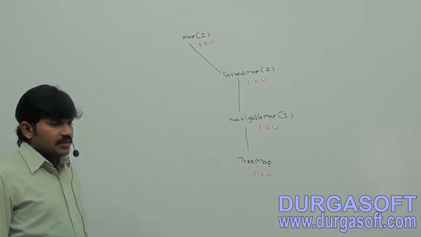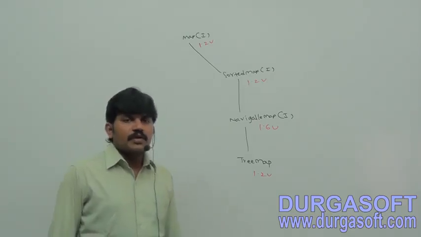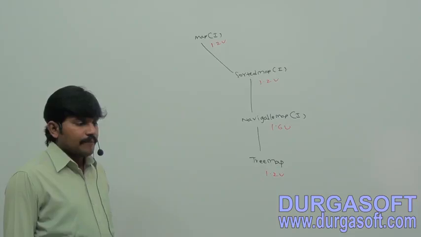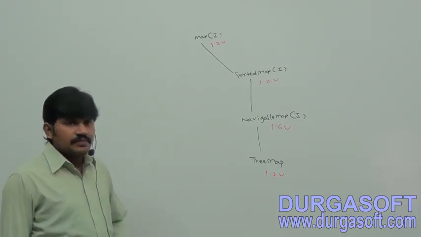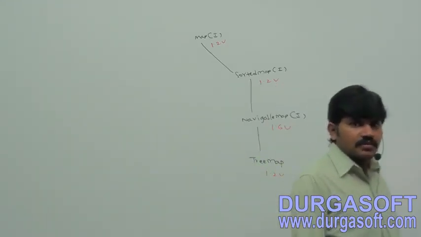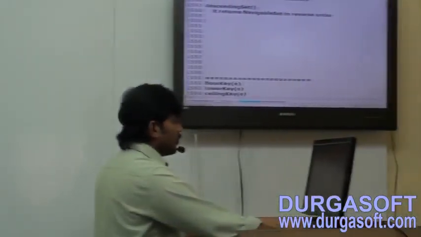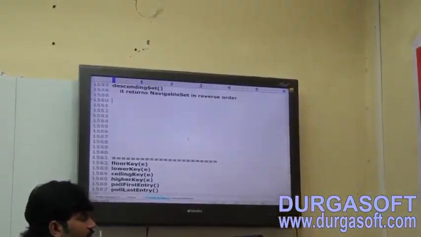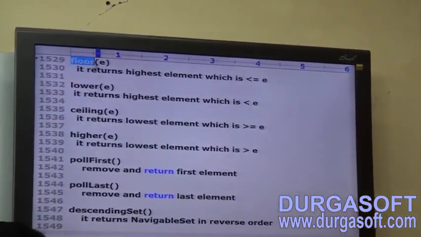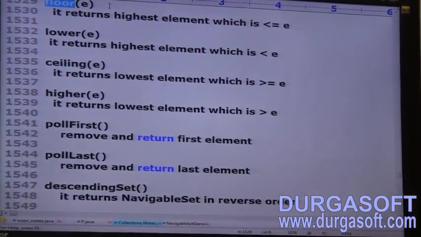Okay. Next, add: navigable map defines the following methods. Same as what we covered in navigable set, but there it was floor, and here floor key, because it is a key-value pair map.